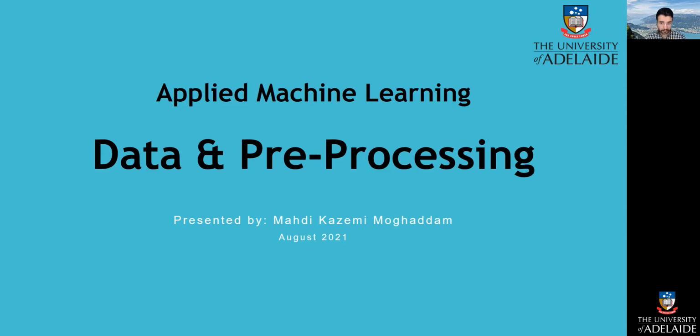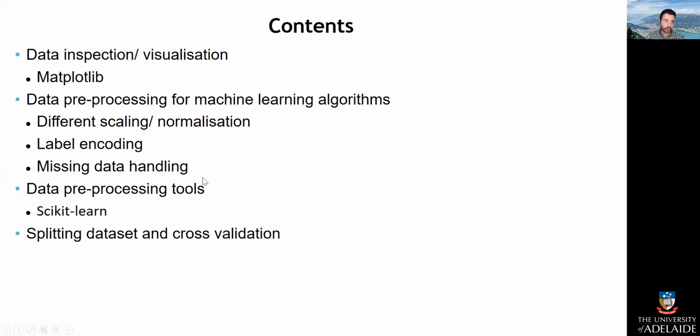Today's session is about data and pre-processing, which is the first step in every machine learning project. The contents: we talk about data inspection and visualization, which is the recommended very first step, unless you have already gathered that information from elsewhere.